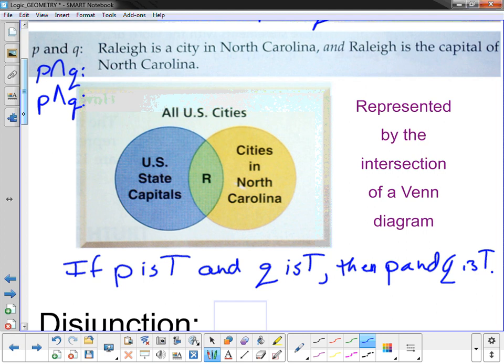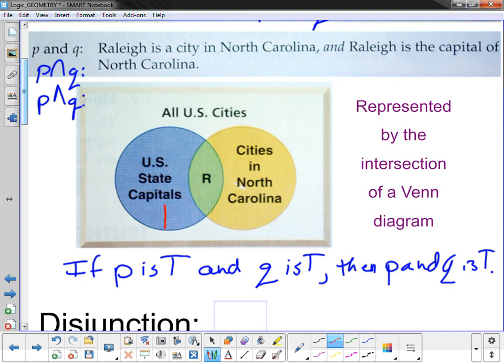That's the only way it works. As long as they're both true, the statement's true. If P is true but Q is false, P and Q is false. If P is false and Q is true, P and Q is false. If P is false and Q is false, then they're both false, completely false. So the only way this works is if both statements are true.